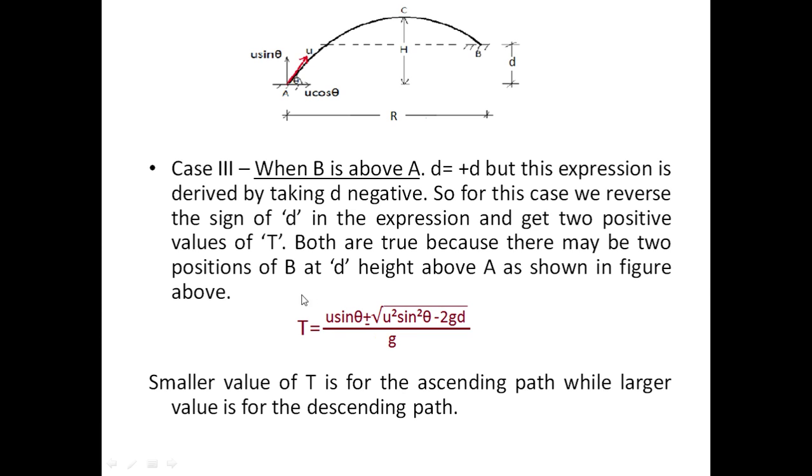Here plus minus gives two values of t. Both are true because there may be two positions of B at d height above A as shown in figure above. This and this. Smaller value of t is for the ascending path while larger value is for the descending path.